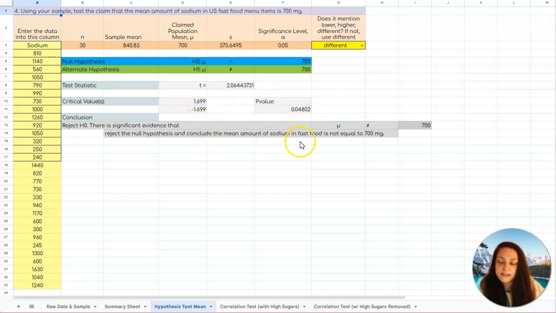So since the p-value is less than the significance level of 0.05, I reject the null hypothesis. It seems the amount of sodium is not 700 milligrams.